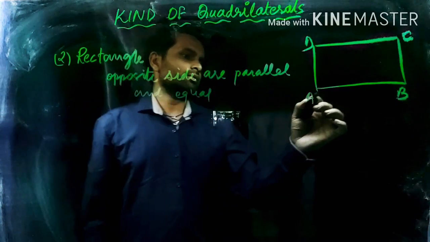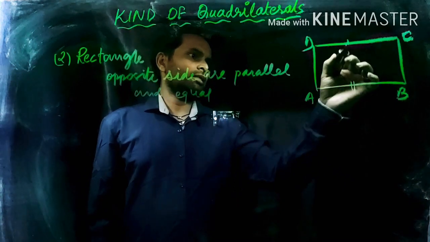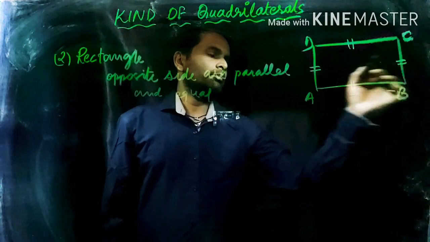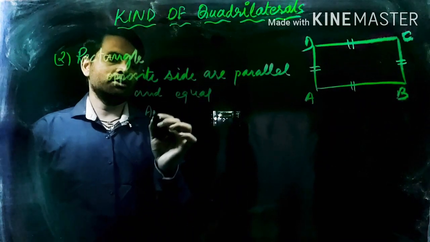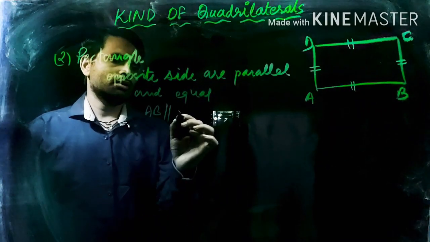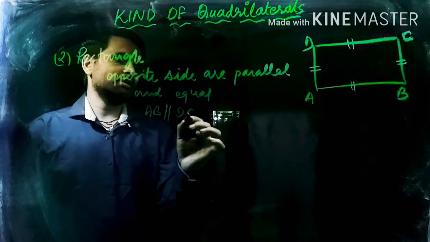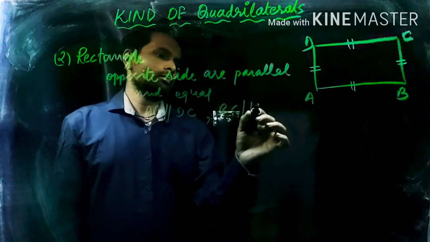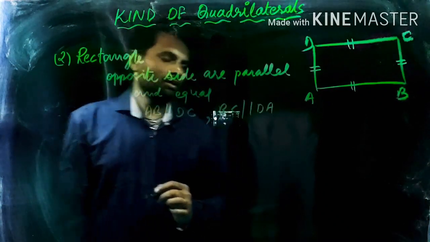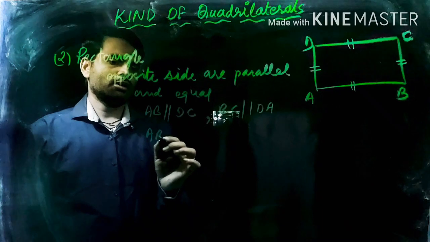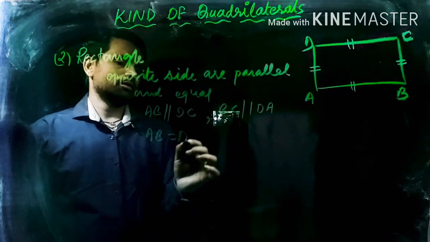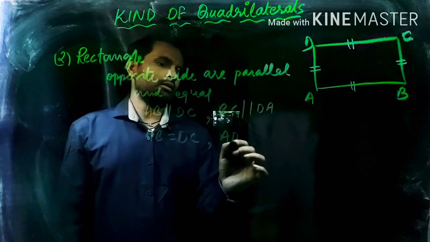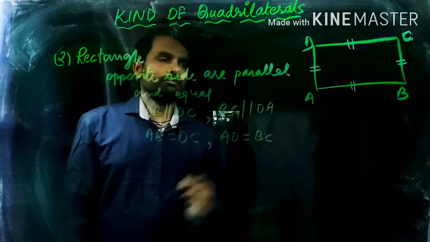It means side AB is parallel to CD and side AD is parallel to BC. You write AB parallel to DC and BC parallel to AD, and AB equal to DC, and AD equal to BC.